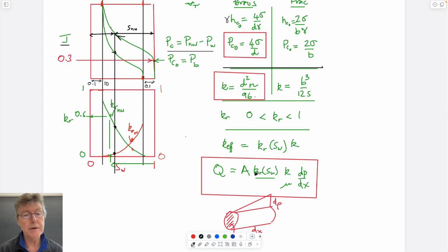Relative permeability will be 1, right, because it's fully saturated with water only. You'll use either permeability or viscosity.